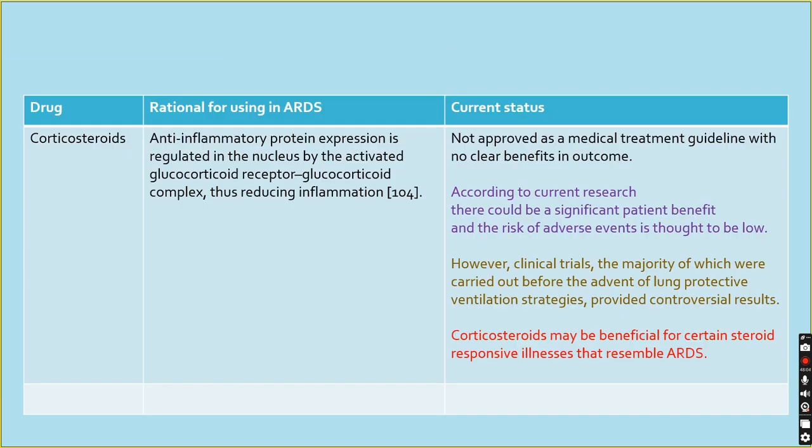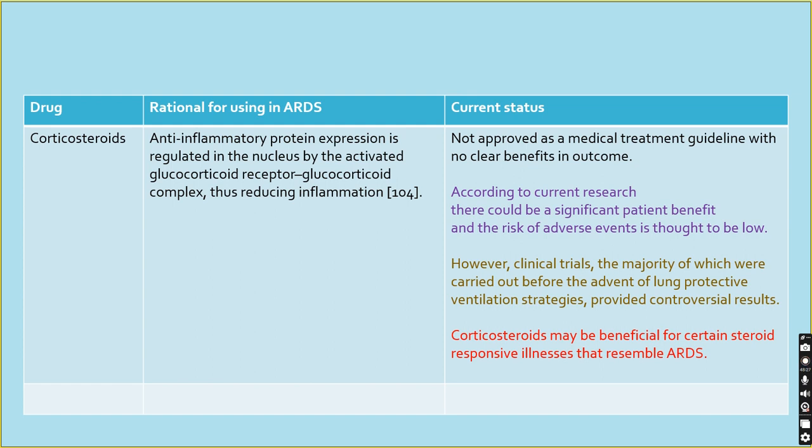Corticosteroid is another very controversial issue. Its anti-inflammatory protein expression is regulated in the nucleus by activated glucocorticoid receptor, glucocorticoid complex, and thus reducing inflammation. So, as we know that ARDS is basically a lung inflammation, theoretically, steroid must be useful.